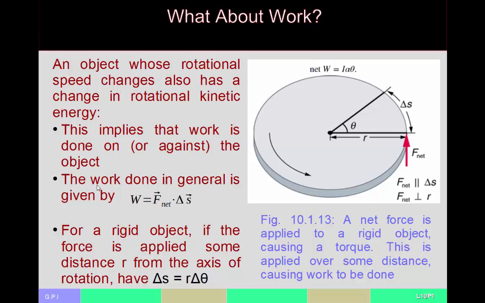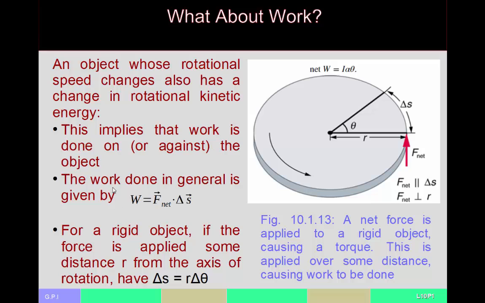For example, if the object is only rotating, with no translational motion, no changes in potential energy, and it's an isolated system, then the work-kinetic energy theorem says that this change in rotational kinetic energy must be equal to the work. If the thing isn't additionally translating, then the work can be given by the change in both types of energy.